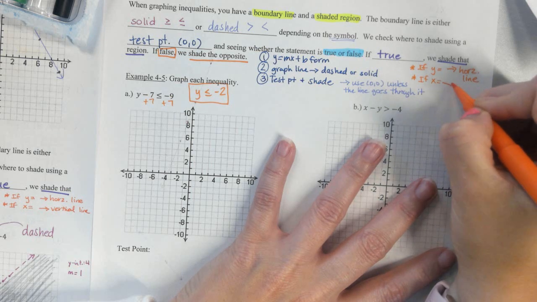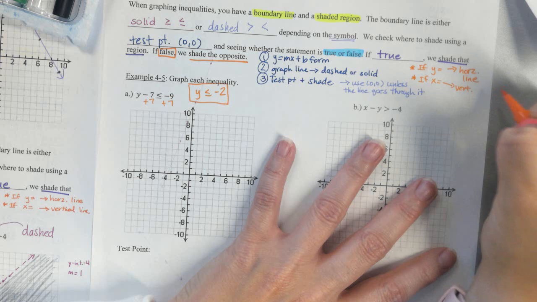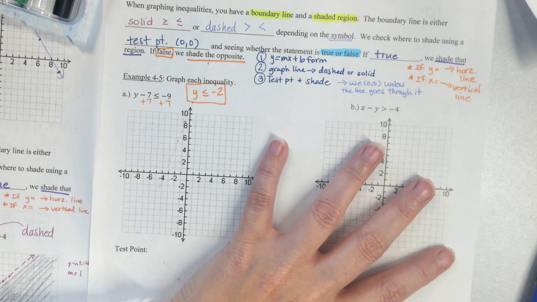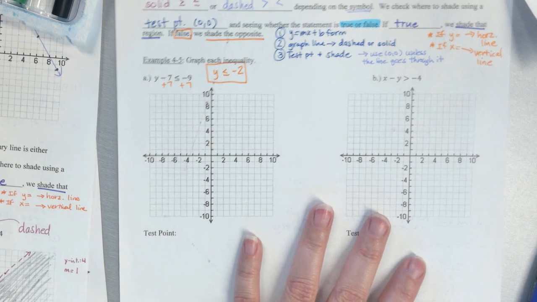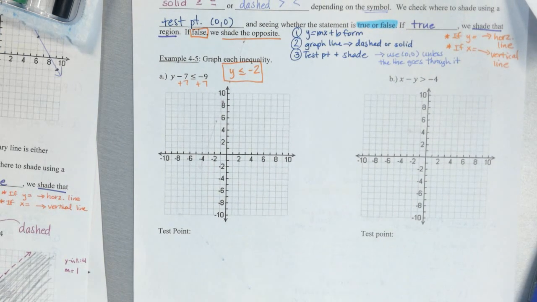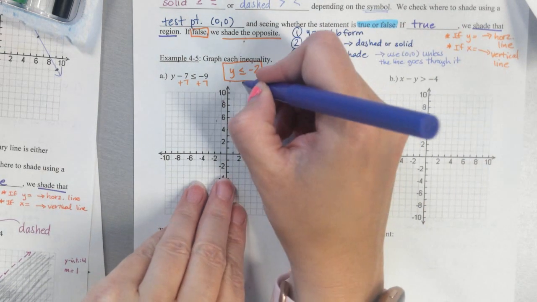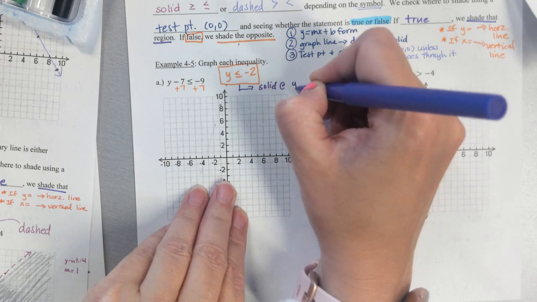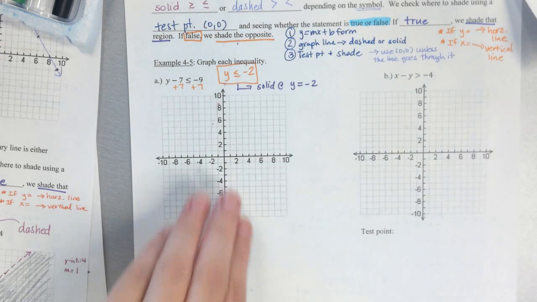Okay? So those are going to pop up. And actually, I think those are the simpler ones, when you have either y equals or x equals. Okay, so you guys already told me it was a solid line. So you are going to graph the solid line at y = negative 2.